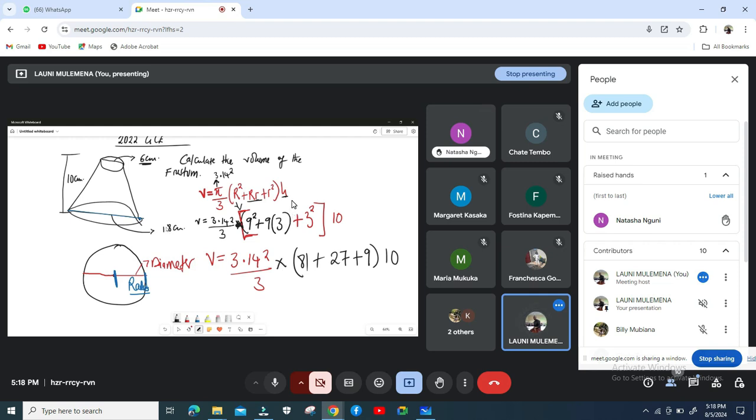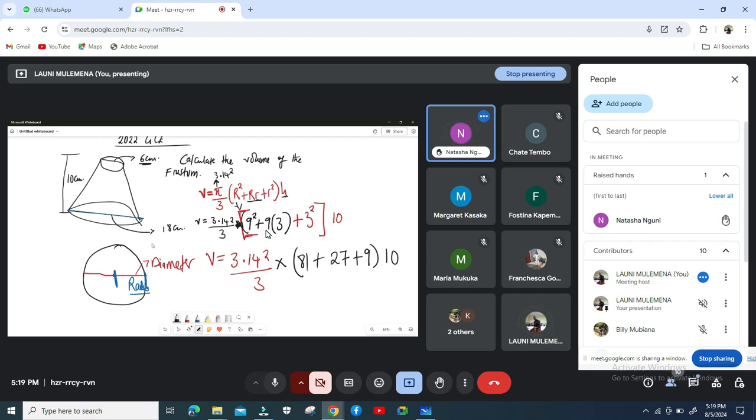She's asking where the 81 is coming from, or the 9? The 9 was the first. The 9 is coming from, we calculated the radius for the base, half of 18 centimeters, divided by 2, it is giving us 9. Wonderful.